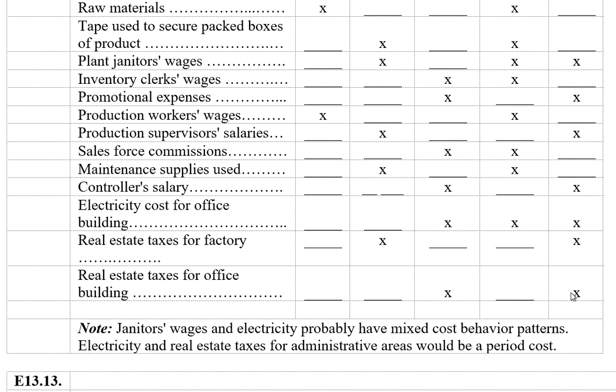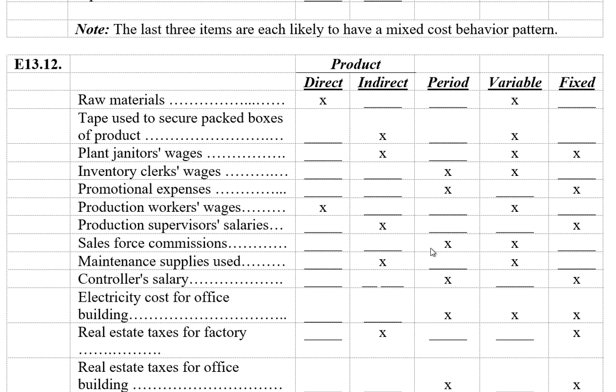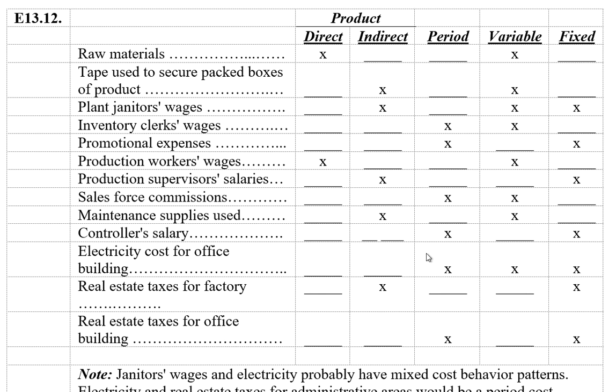Okay? So I just wanted to make you aware of the differentiation between all of these costs, guys, and that you make sure you completely understand this before you move forward. It'll be easier for you on the test to distinguish between A, B, C, or D in some of those multiple choice questions.